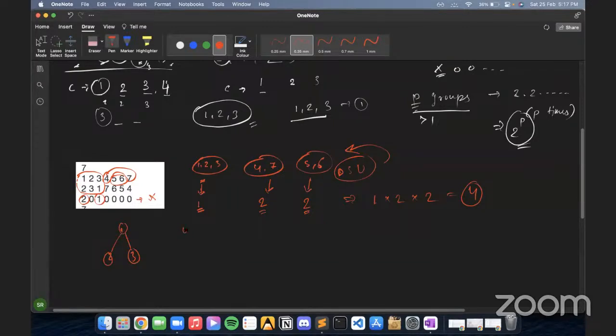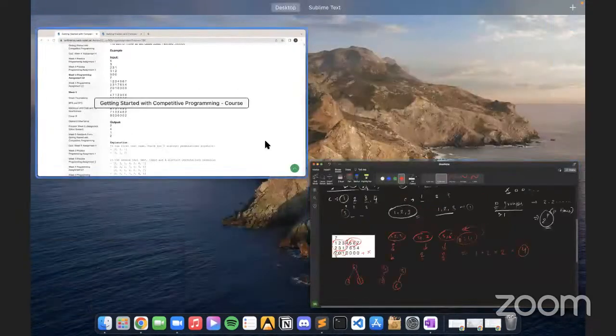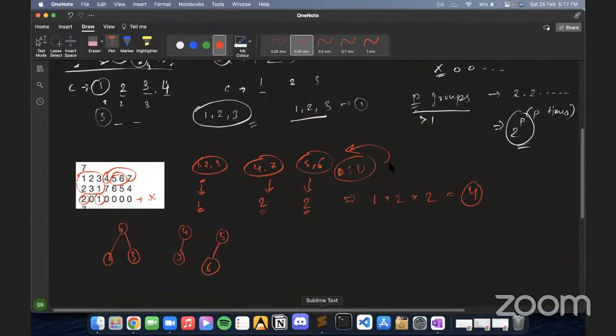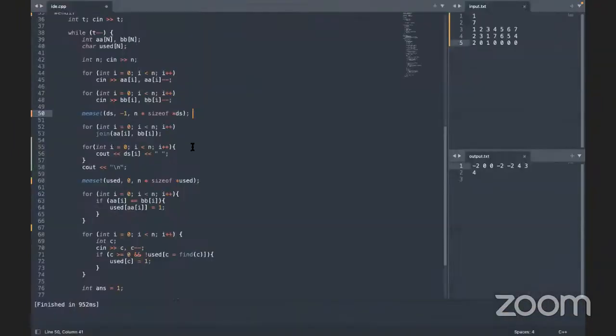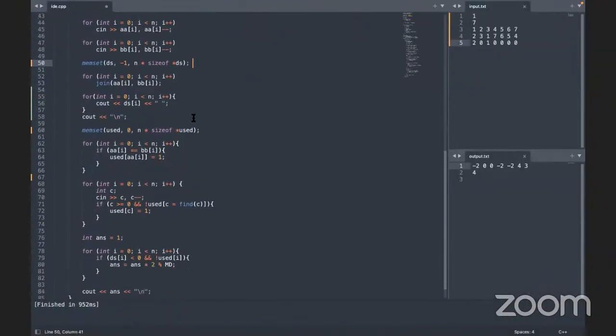Here it would be 4 and 7, 5 and 6, right? So this is what the DS array is doing. And now for used, okay.